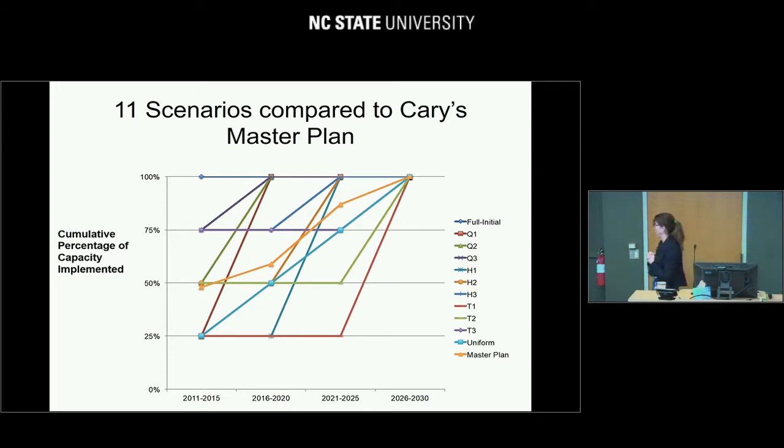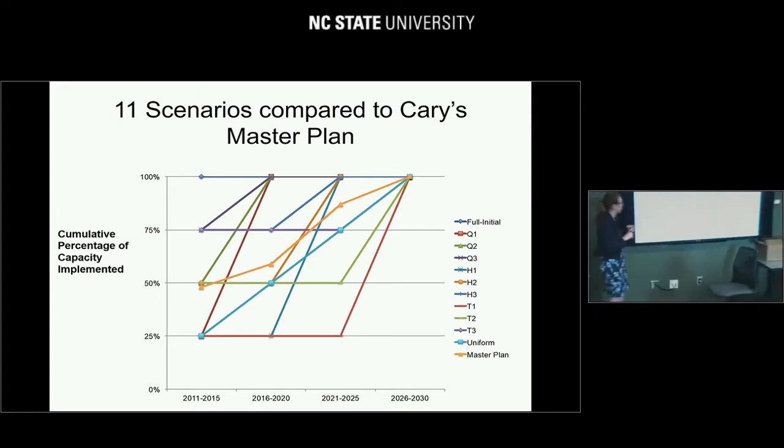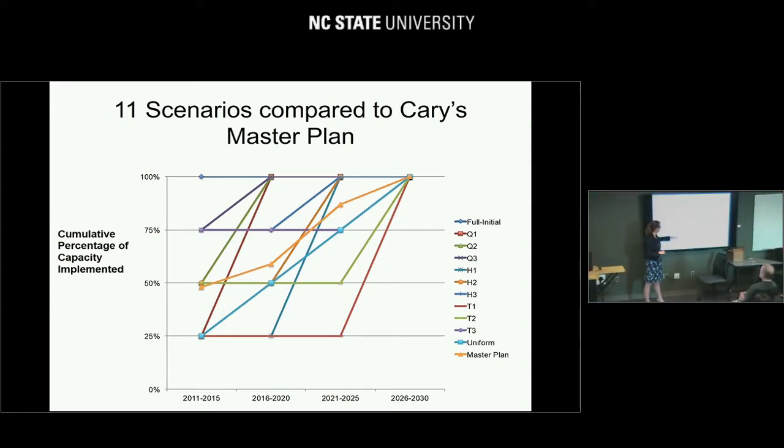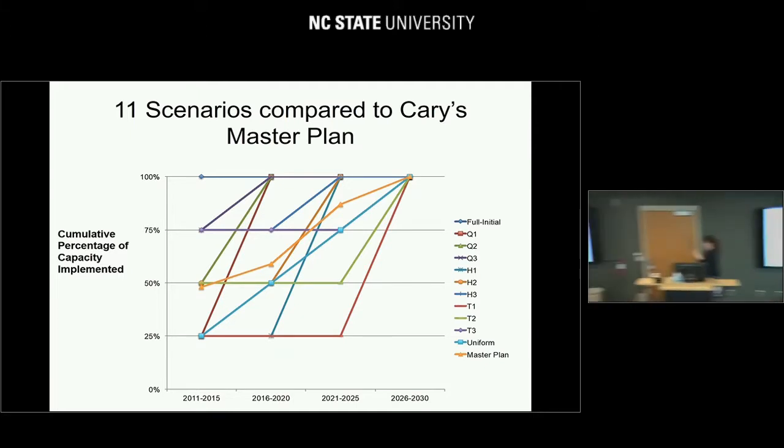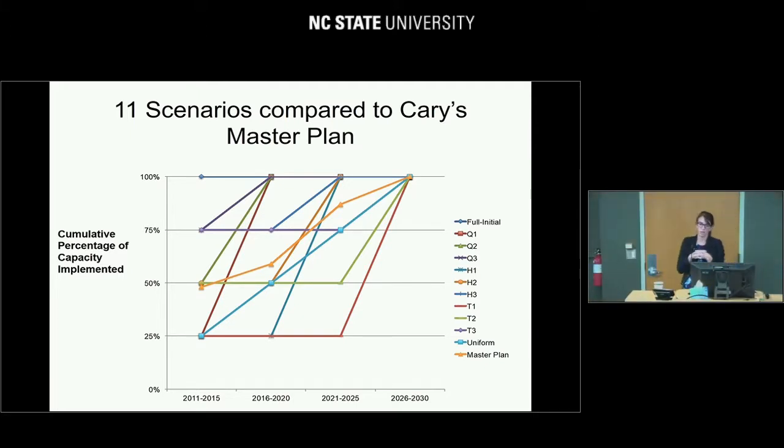Would that be a good plan? The other scenarios that performed well are the Q1, Q2, and Q3. These scenarios all start at 25, 50, or 75 percent, and then go straight to full build out after that first quarter. So these are the plans for expansion.